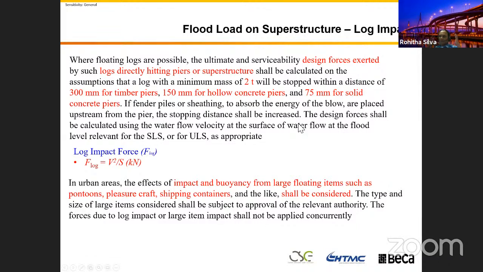If it is a hit on your superstructure, the reason is the rigidity of the structure. Because of the rigidity, the energy dissipation approach is different. If it's timber, it's more flexible. Hollow concrete is more rigid, but solid concrete is more rigid than the hollow concrete section.